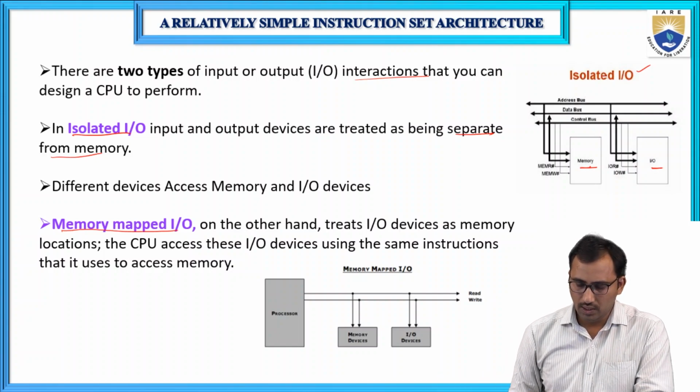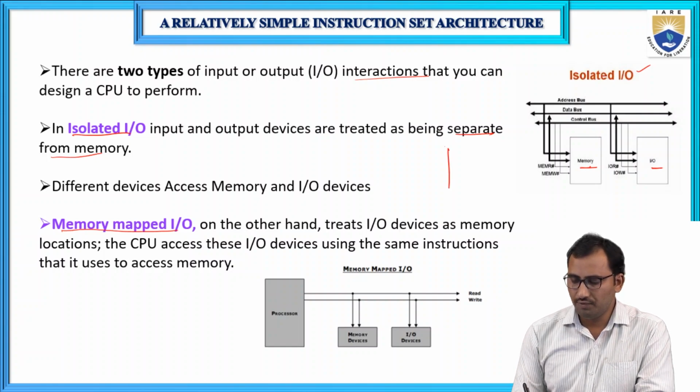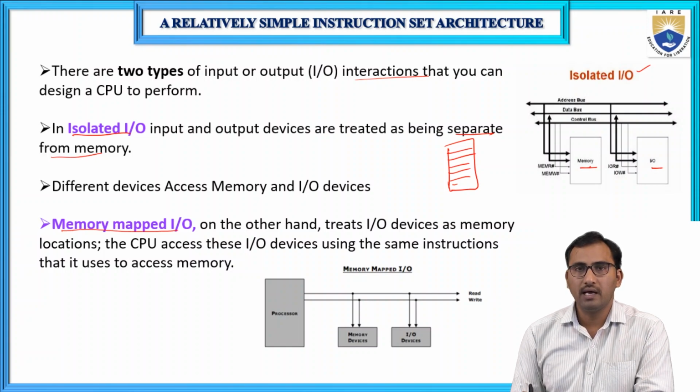That means the address space for both the memory as well as I/O devices is the same. If you have some portion of the memory, this entire memory space we can use for both the memory as well as I/O devices. So that is memory mapped.